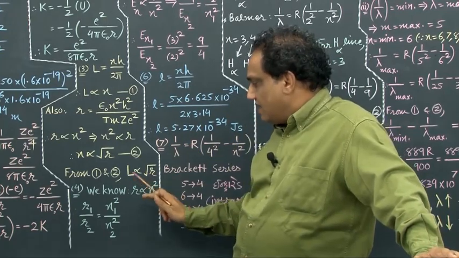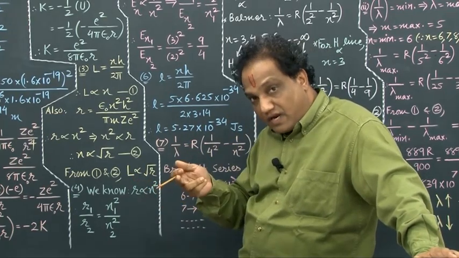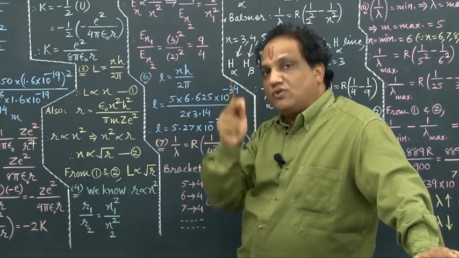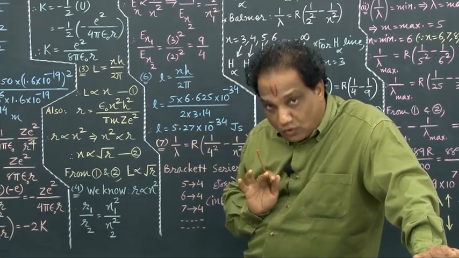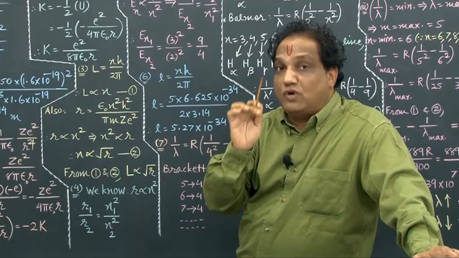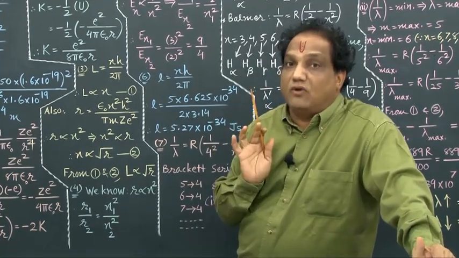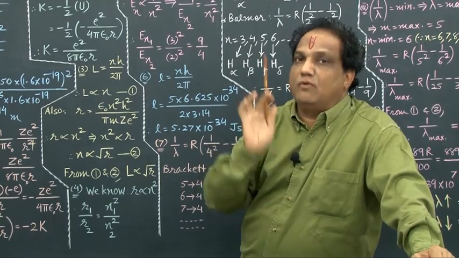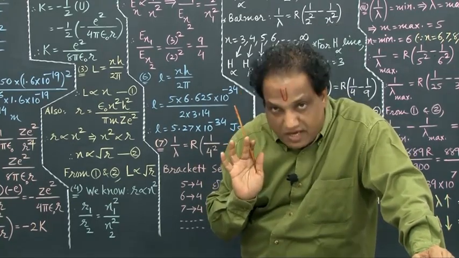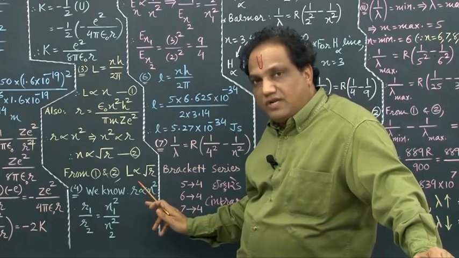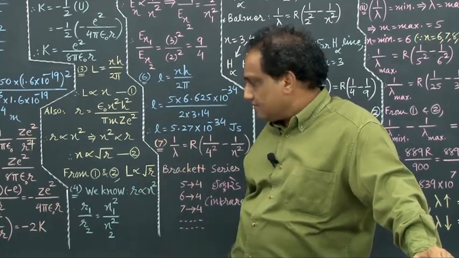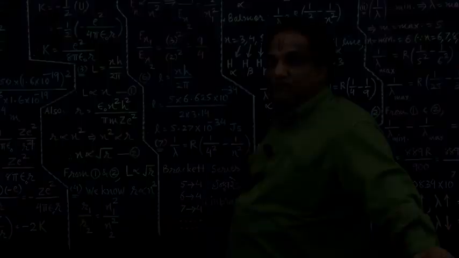Mathematically, you can write L1 upon L2 equals under root of R1 upon R2. So they may give you two radii of two different circular orbits, and one angular momentum value, and the second angular momentum value they may ask. Okay, so you please remember this relation. Okay, simple. Kindly read the statement of number 4.